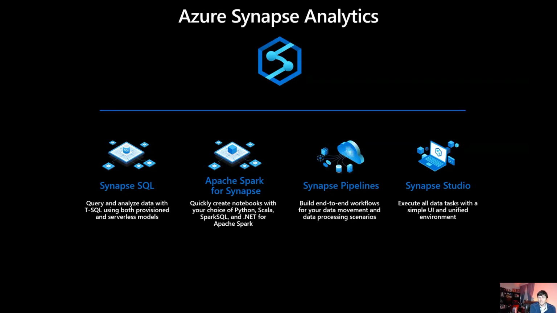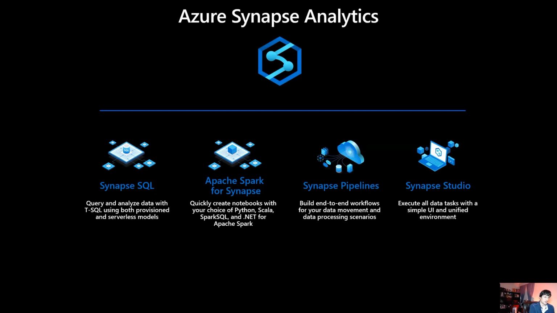So you can build those end-to-end orchestration pipelines with Synapse pipelines, with Azure Data Factory basically built into Synapse. We literally have everything in Synapse to do high-code data transformations to no-code, low-code data transformations, all within Synapse.